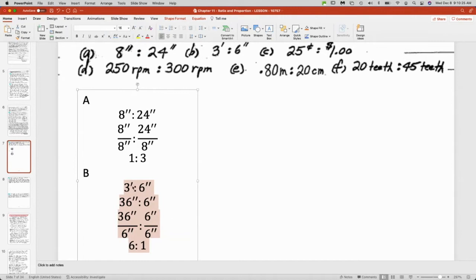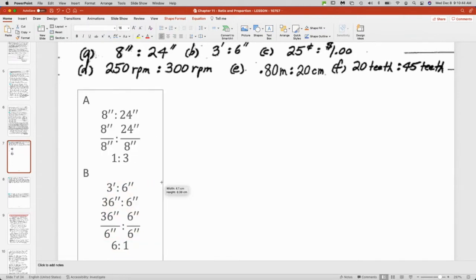Measure out a 3 foot wire and then a 6 inch wire and lay them side by side. Then you can show a person visually that you can fit 6 of those 6 inch wires to make a 3 foot wire. You're just comparing two quantities. So that's A and B.